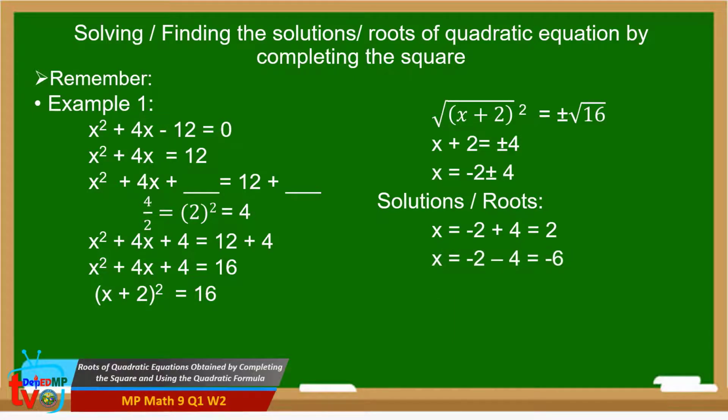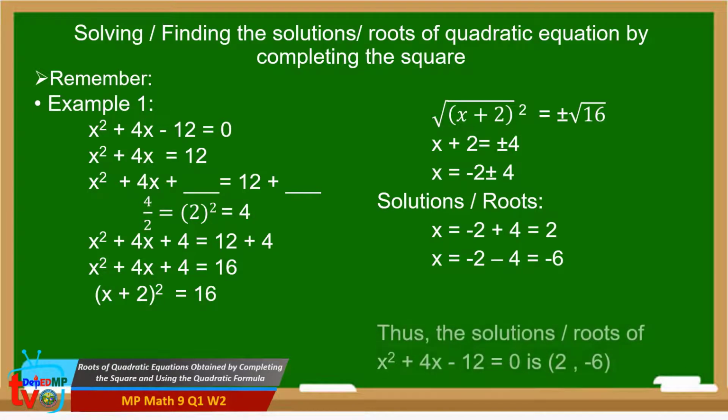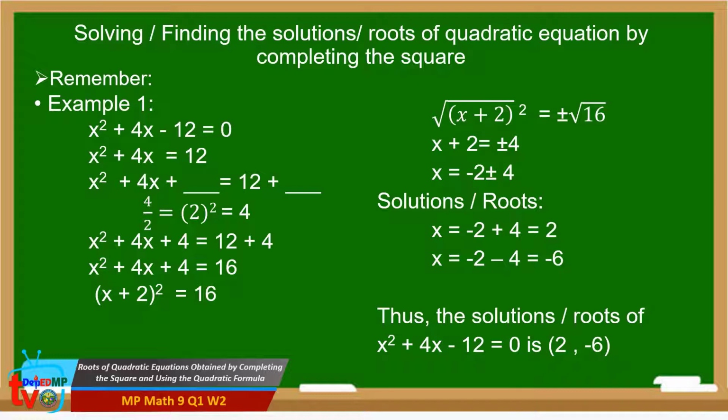Second root is x is equal to negative 2 minus 4. Combine negative 2 and negative 4 is negative 6. Therefore, the solution of the quadratic equation x squared plus 4x minus 12 equal to 0 is 2 and negative 6.